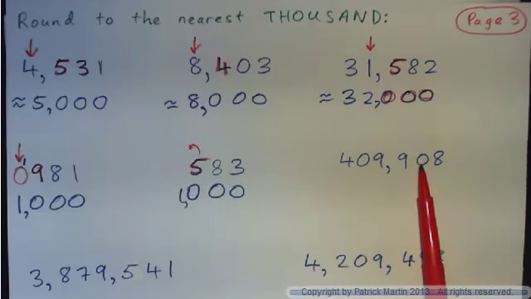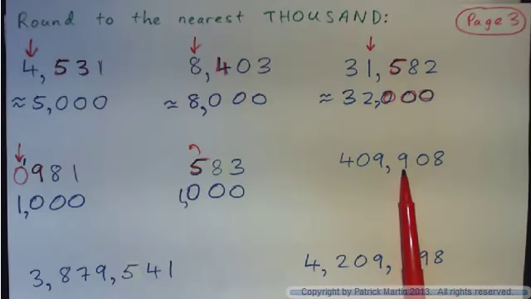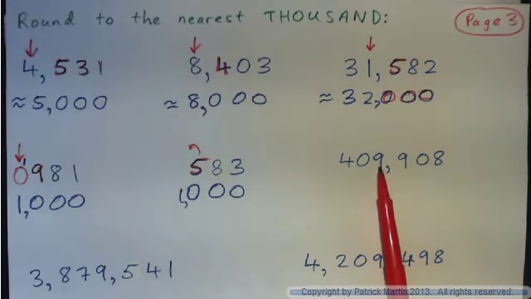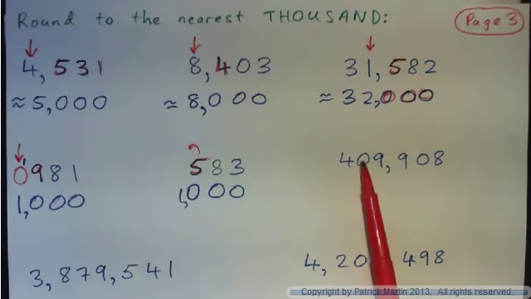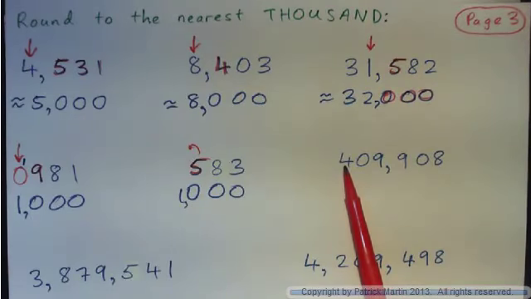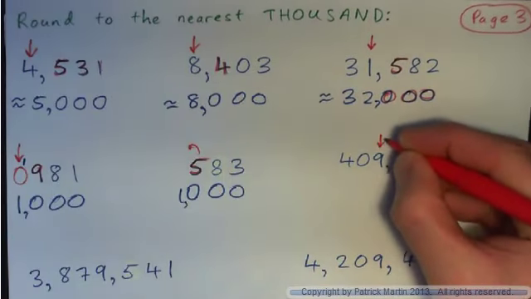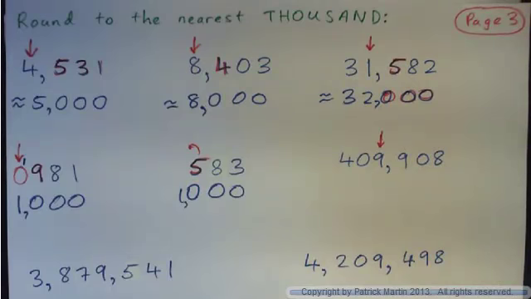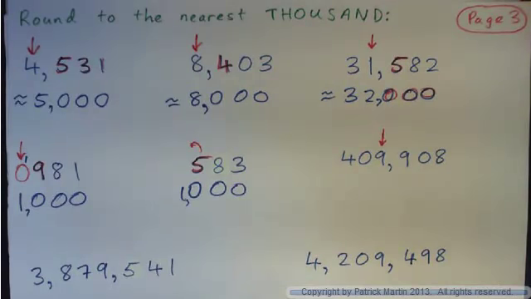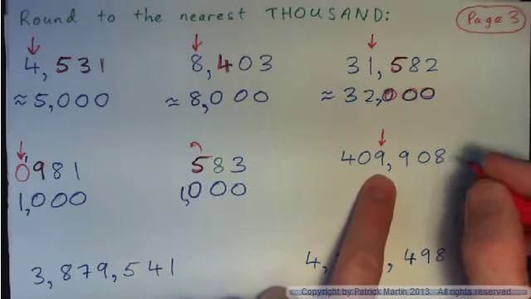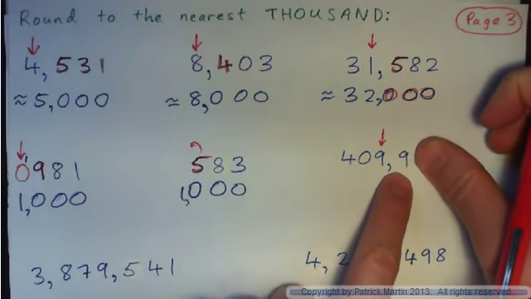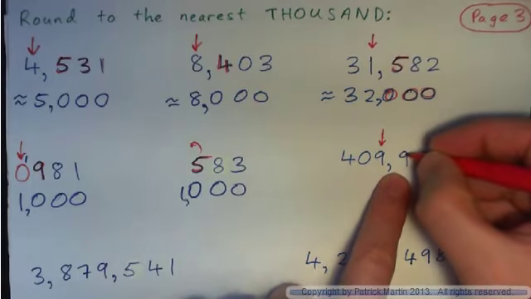Tens. What's next? Hundreds, thousands, 10,000s, 100,000s, right? So the 1,000 digit is this guy, right? So we're going to round to this place, and the next number is a 9, right?